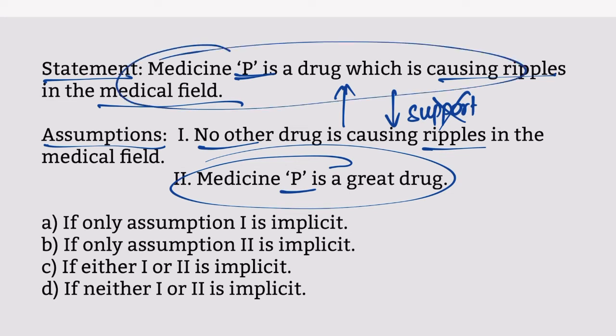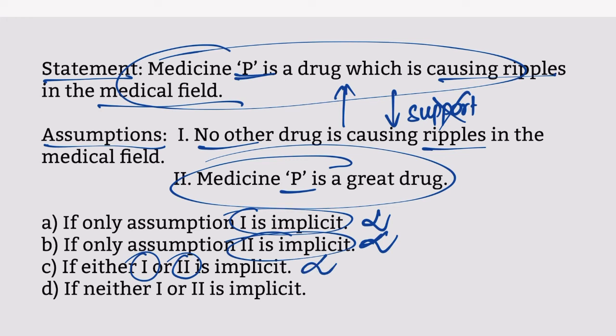So now we have analyzed the statement and the assumptions as well. Now let us read the options and select the most appropriate one. The first option says if only assumption 1 is implicit, obviously not. The second option says if only assumption 2 is implicit, that is also not the case. Third one says if either 1 or 2 is implicit, no way.